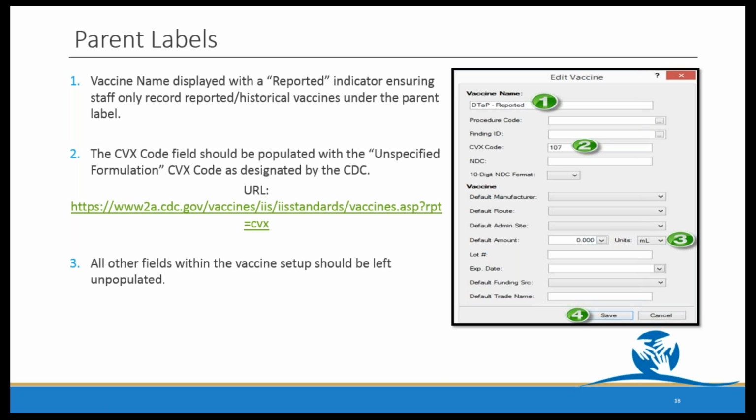And that is for anybody that is on the registry. If you're not currently on the registry and you know that you're moving towards the registry, I would go through and make sure that you add the ml to the units. Okay, then go ahead and save.